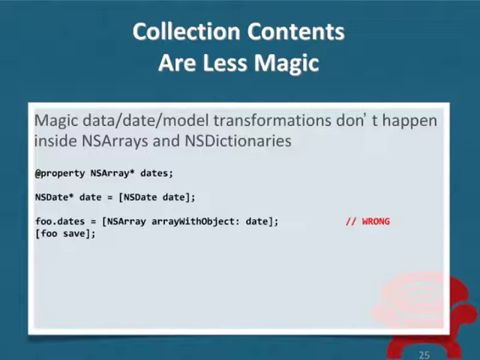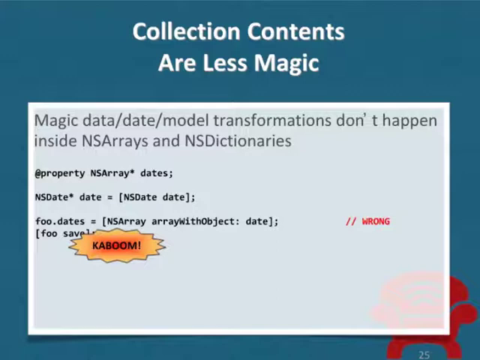It'll work fine at the point where you set the property value, but when you save, it's going to go blam. What will likely happen is that Cocoa's JSON encoder will barf because it doesn't know how to encode NSDates. And that's because CouchModel didn't go through and detect the NSDate that you put in there and convert it into a string for you.